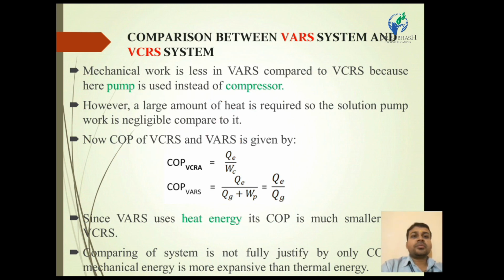Now the COP of VCR and VAR is given as follows. COP for VCR is QE, the heat absorbed in the evaporator, divided by the work done by the compressor.